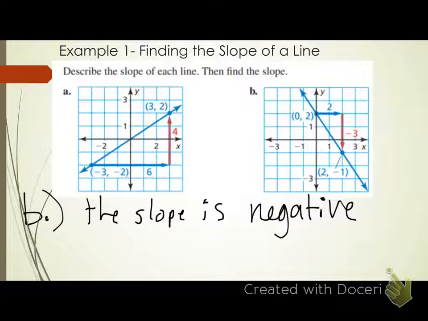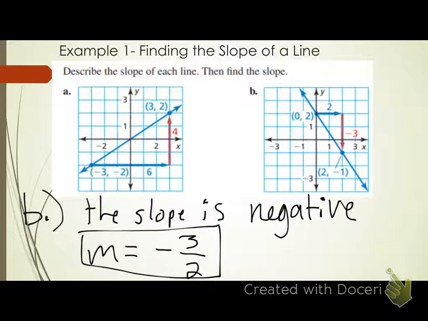Now I need to actually find the slope. So we've already got our triangle drawn. The height is my rise. So what's the height of my triangle? 3. The width is the run. So how wide is the triangle? 2. And then what does slope dude say on this line? Nice negative, so I need to make it a negative. That's one way you can always do it.